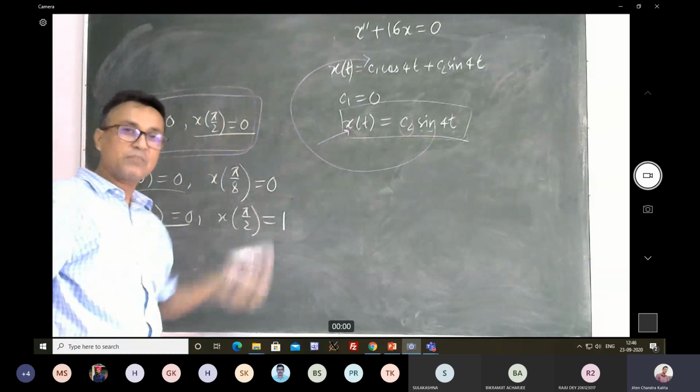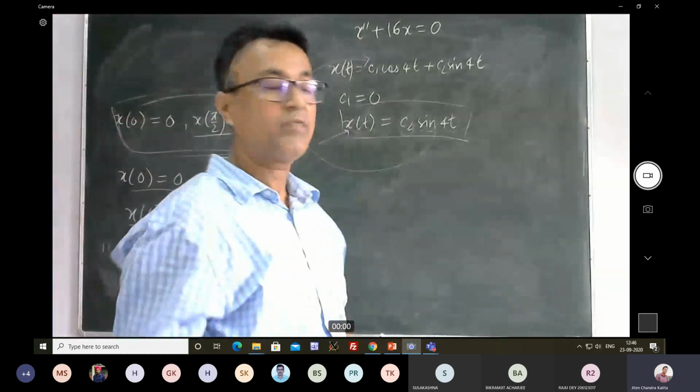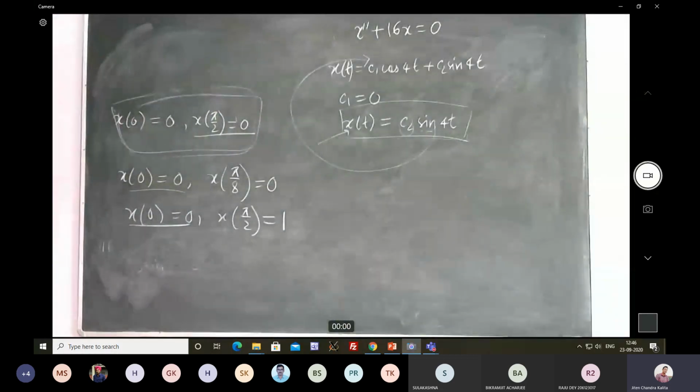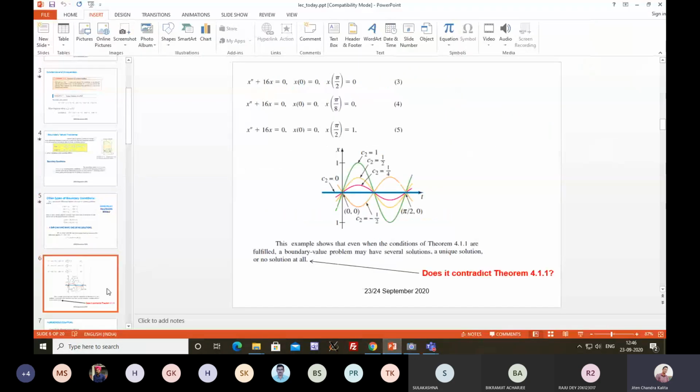Is it okay? So that means a boundary value problem can have an infinite number of solutions, no solutions, or only one solution. In the figure you can see the solutions corresponding to the first boundary conditions, where there were an infinite number of solutions.